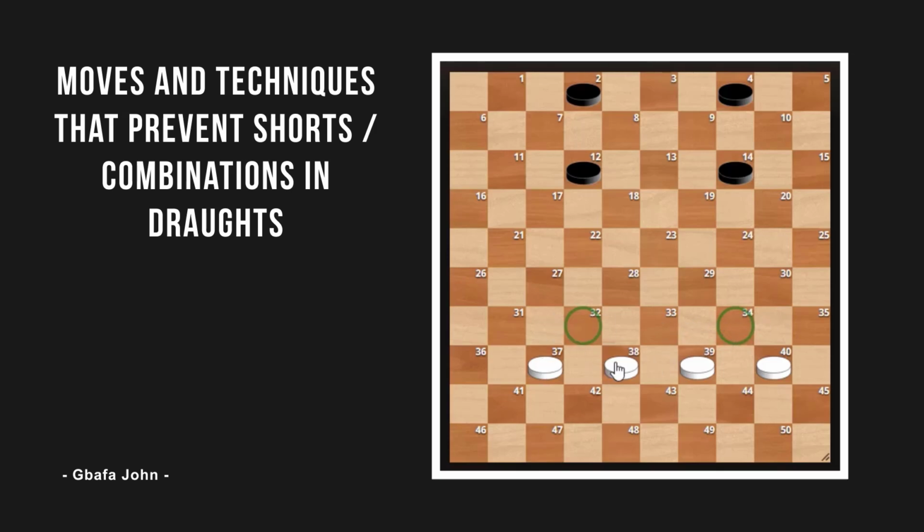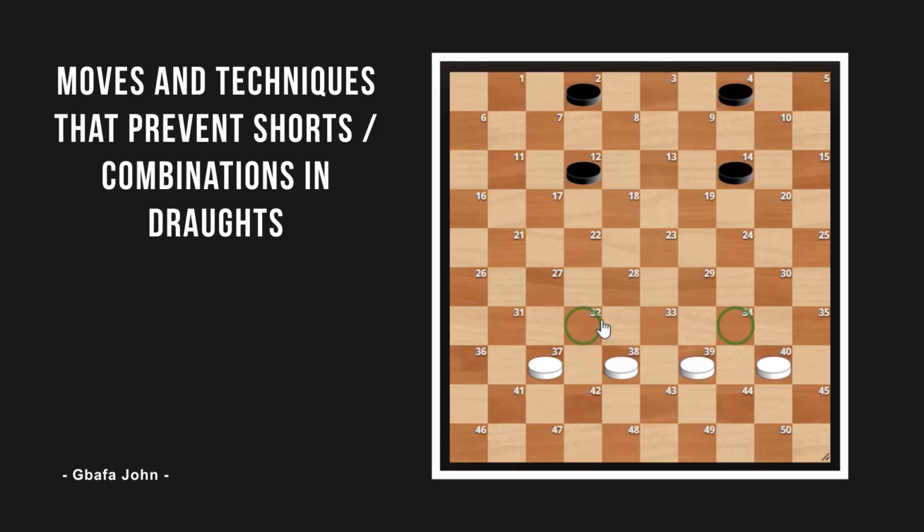Taking the key squares without supporting them with the piece at the vertex can make your position vulnerable or weak. If black has a piece at, let's say, 12, it can be any position, but I'm using the 12 and then the 14 as an example. We'll be looking at some examples in a game, so you understand how this works.